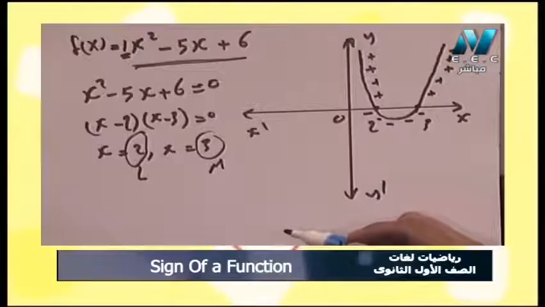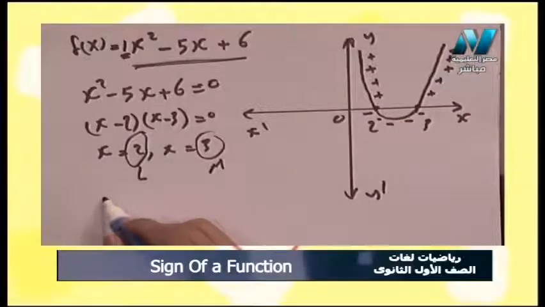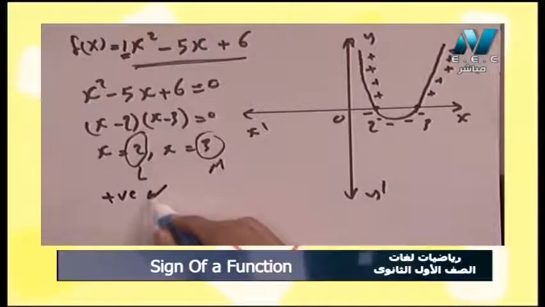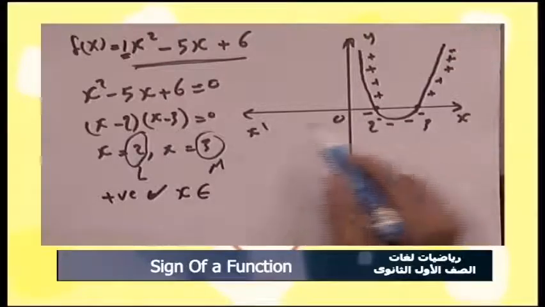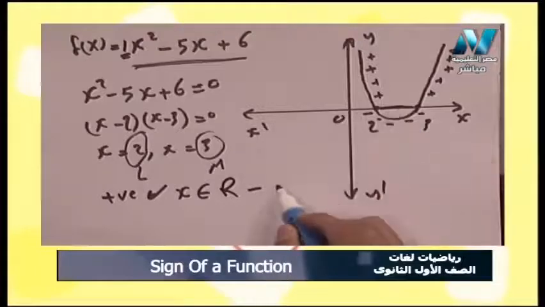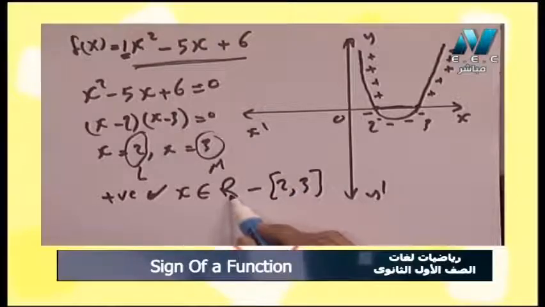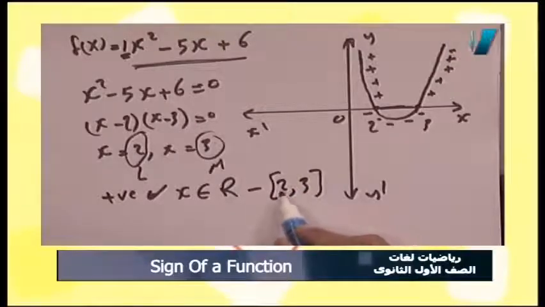So this function will be positive. Where is it positive? For all x belongs to what? All real numbers except this part, which is from 2 to 3 closed, so here all numbers except from 2 to 3.